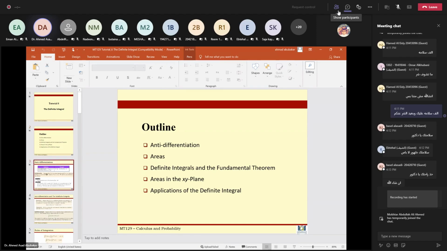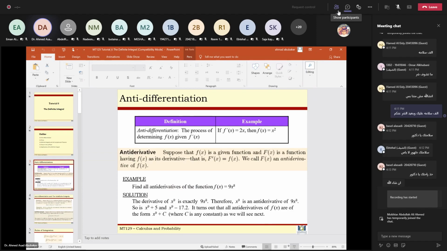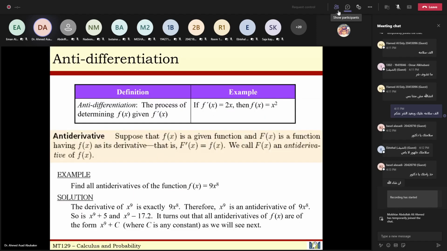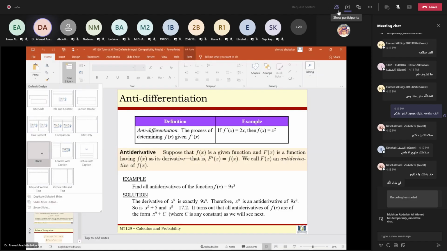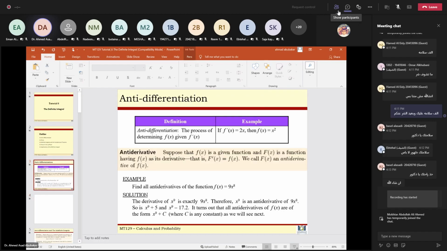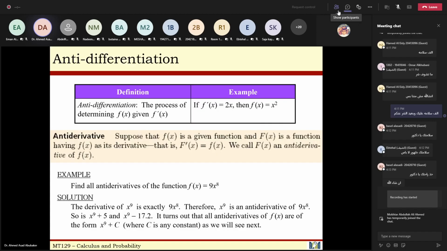Now the antiderivative. Antiderivative, any function f of x and F capital, and F capital prime equal f small.